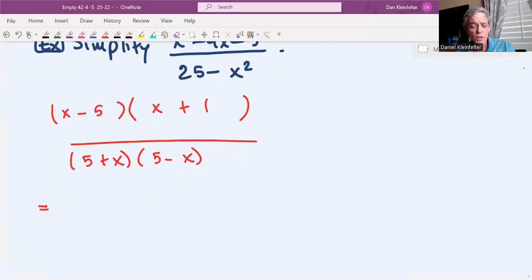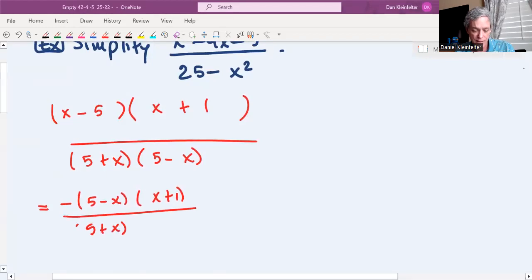Now once again, x minus 5 and 5 minus x are opposites of each other. So I'm going to factor out a negative 1 from the numerator, from the factor of x minus 5, and that'll turn into 5 minus x. I will still have the x plus 1. Down below, we'll have (5 plus x)(5 minus x).